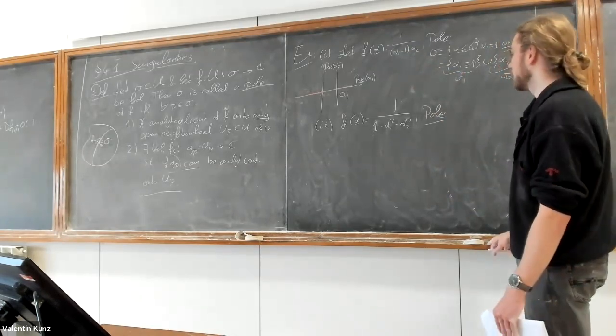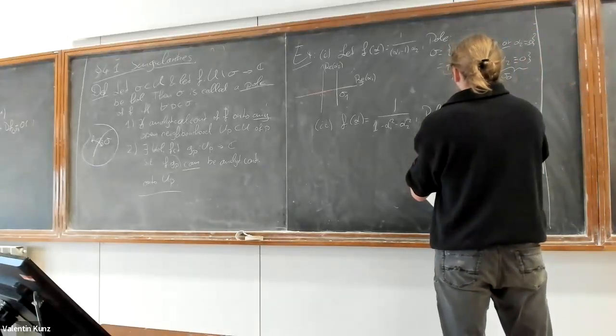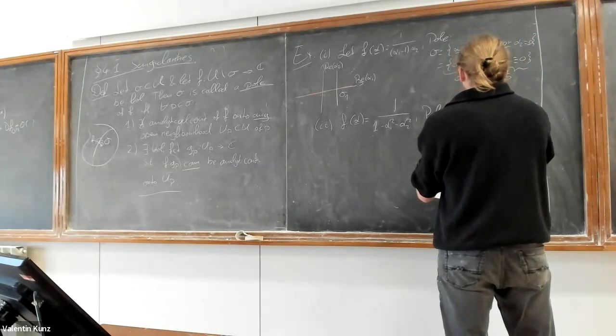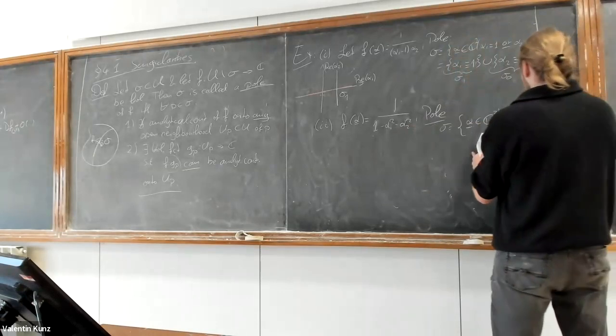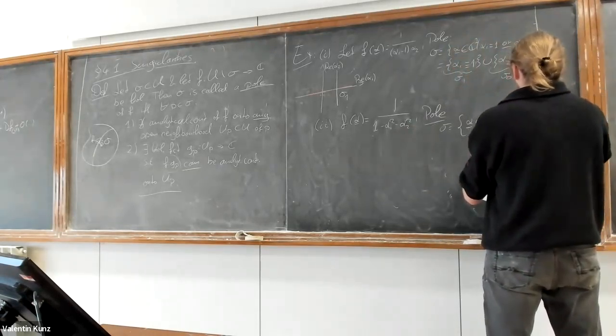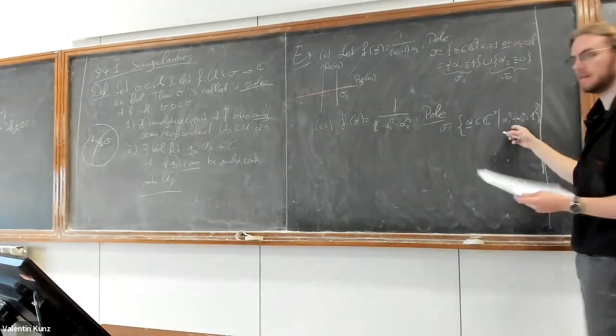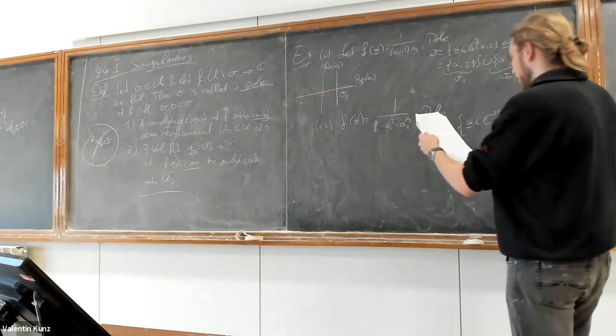So what's the pole? The pole is sigma. Formally, it's just the defining formula for a circle. But this does not look like a circle, because the circle would be complex.